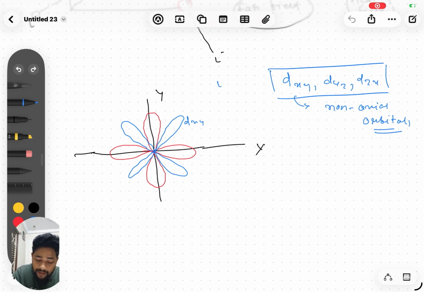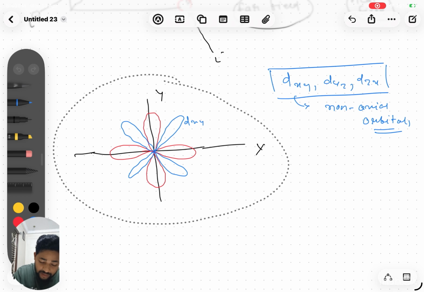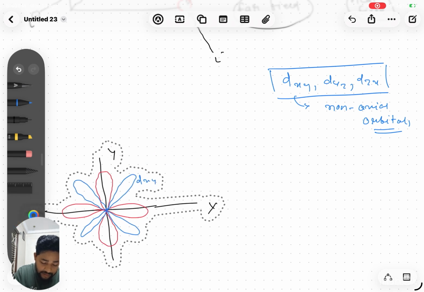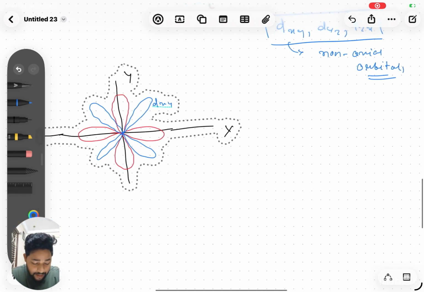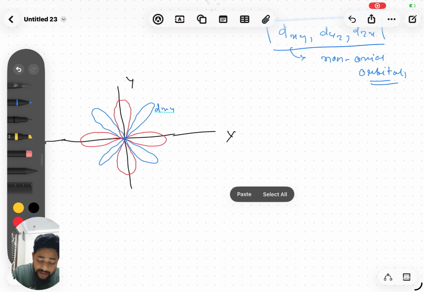I'm explaining the far field first. In the far field, the ligand is approaching from infinite distance. This is the ligand at infinite distance, and here the metal is there.